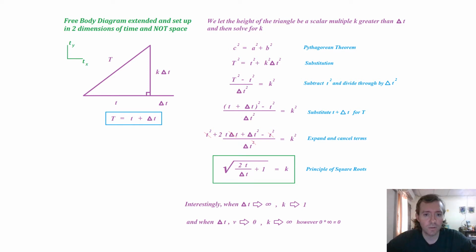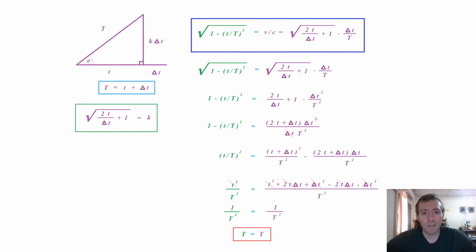the channel symbol. So here we see a little bit more of the theory and how a free body diagram extended not in space but in just a presumed two dimensions of time from the beginning can be constructed such that whenever we set the result equal to the known expression for Lorentz time dilation, we get an equality, t equals t.